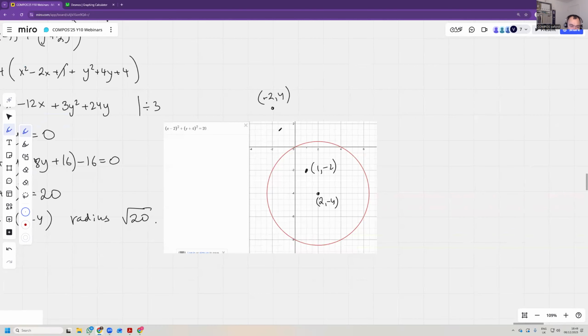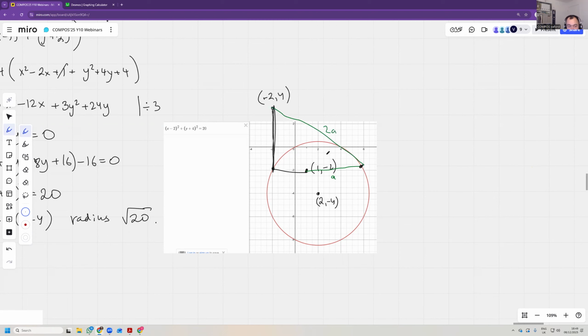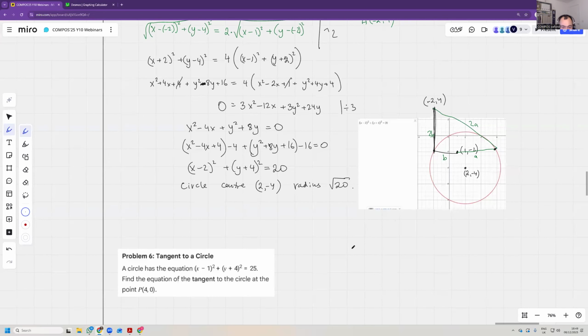Okay, and you can see that for any point, this distance is double that distance. Does look like it. So from this point, this distance is double that distance. So if this is A, this is 2A, and this is B, this is 2B. It does look correct. You can check if that is true, but it does look like it.